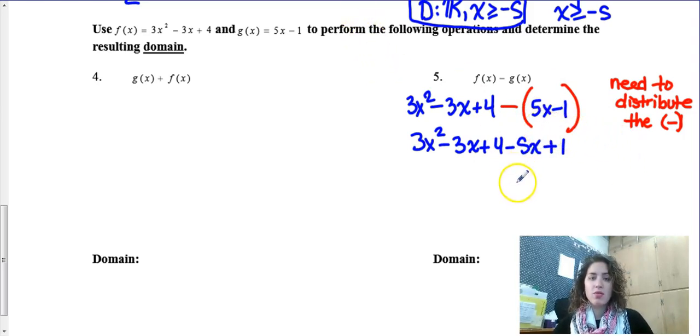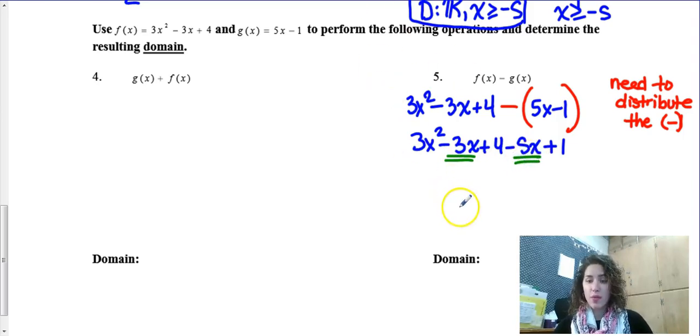We're now ready to combine like terms. Remember, like terms are the same variable raised to the same power. So as tempting as it might be to combine these two right here, I cannot do that because this is x to the second power. This is x, but notice there's no 2 right there. So let me keep looking. I see negative 3x and a negative 5x.